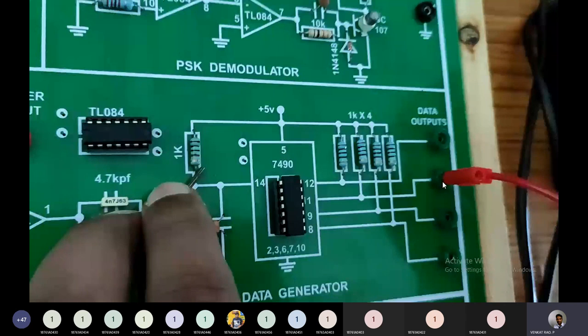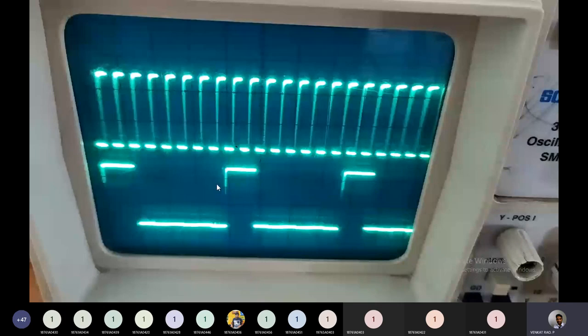So let me see what will be the changes in the bit sequence. Now all of you carefully observe. There will be changes in the bit sequence. This is the digital data which is obtained from the second data generator, and this is the same clock pulse we have observed earlier.